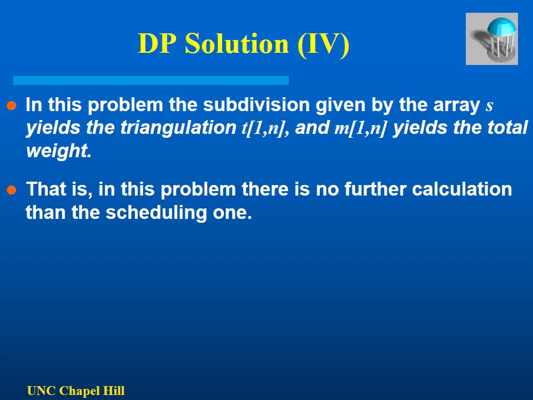This problem of triangulation requires the same algorithm for subdivision as the matrix chain multiplication method did, albeit with a different combination cost.